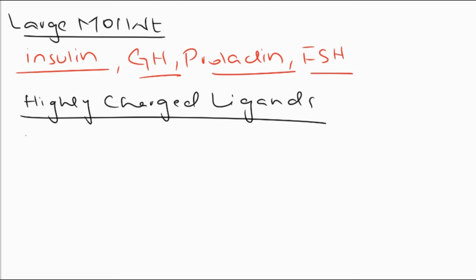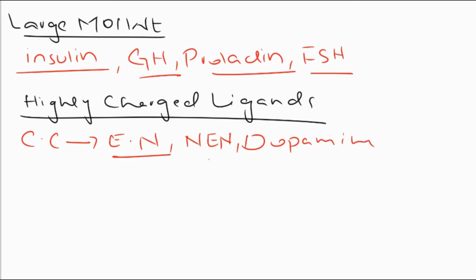In catecholamines, there are epinephrine, norepinephrine, and dopamine, and so on. They are highly charged ligands. They cannot cross the cell membrane because of the lipid present in the cell membrane. So their receptors are also present on the cell membrane.